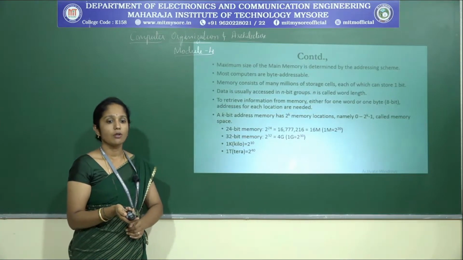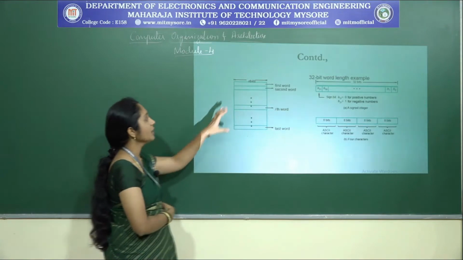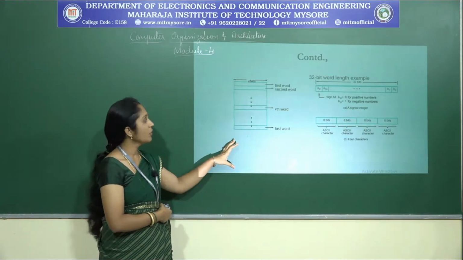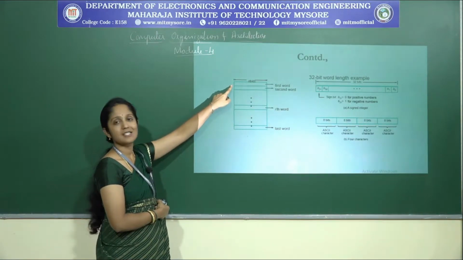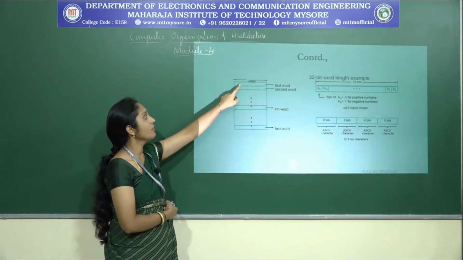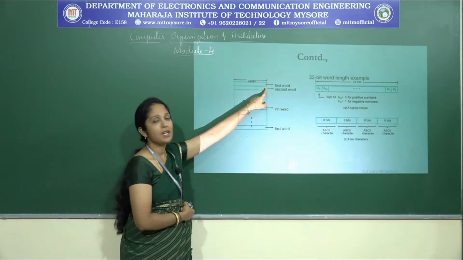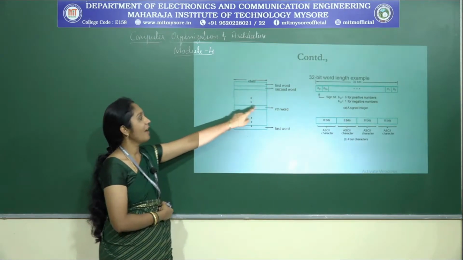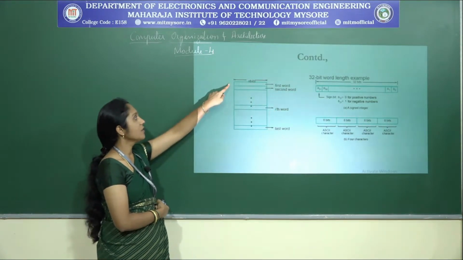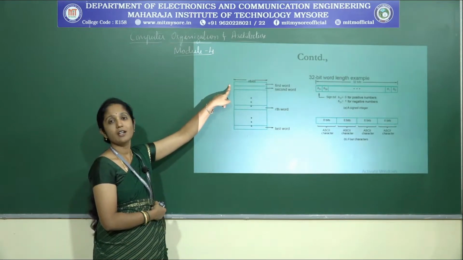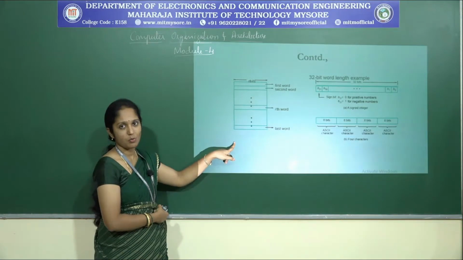And next, as I said, this is how the memory segment will be. In a computer system, let us assume this is 0, the address of the first word. So this is the first word, next is the second word, like that we will have the ith word, and lastly the last word of the memory. If this is 0, we know that the address space varies from 0 to 2 to the power k minus 1.